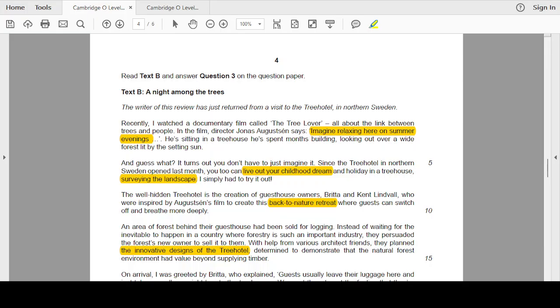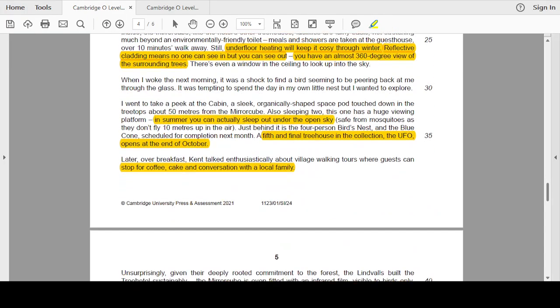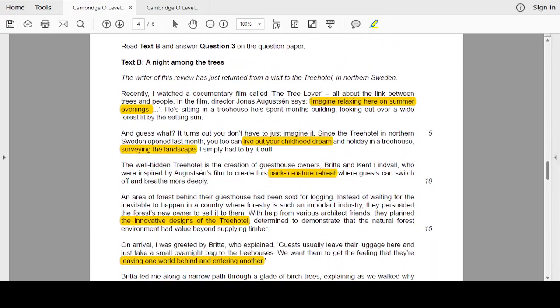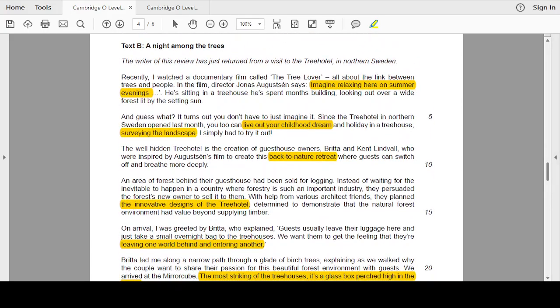Right, so what do we have? We have, right, imagine relaxing here on summer evenings. Can we do anything about that? Oh, let me switch screens on the recording.